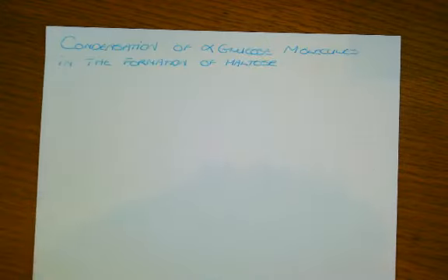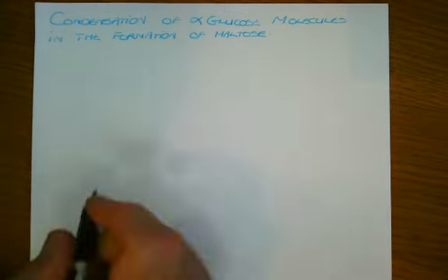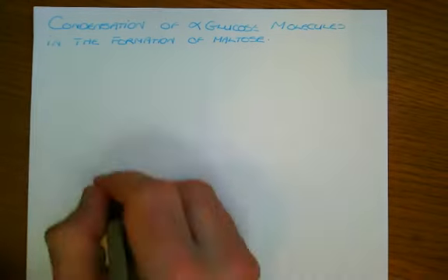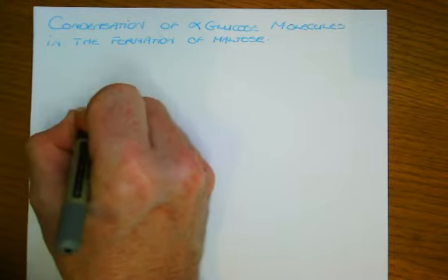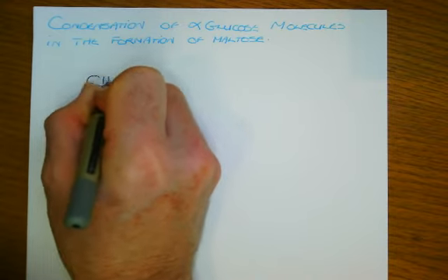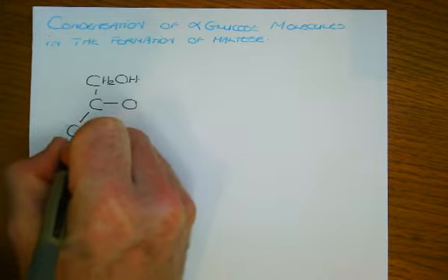So the last part of this video is going to be looking at the condensation reaction that occurs between alpha glucose and alpha glucose to produce maltose. So we start by drawing out the alpha glucose molecule again, so I'll do that quickly because you see me doing that.